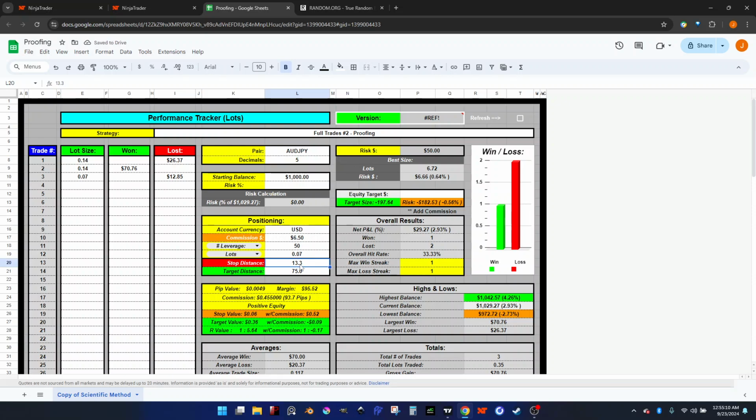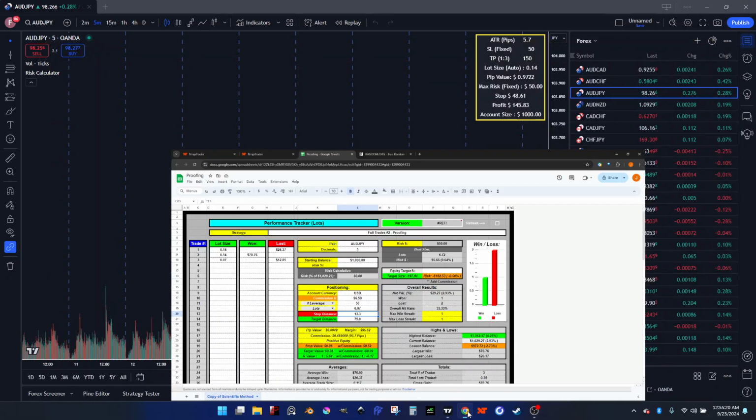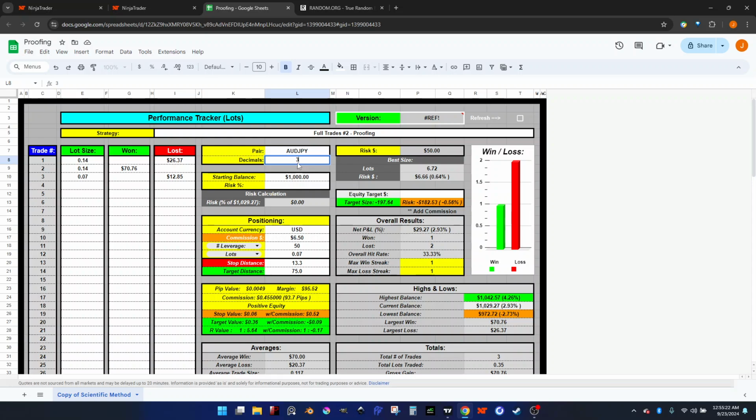We are going with, if we're going that big, this is probably one of those. I think this might be because of 3 decimal pair. Yes, 3 decimal pair. Let's get the right calculation. That's a little bit better. 0.14. Okay. So we're going to be trading at 0.14 on this one.